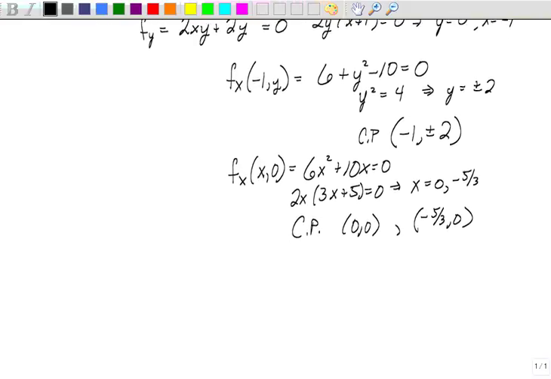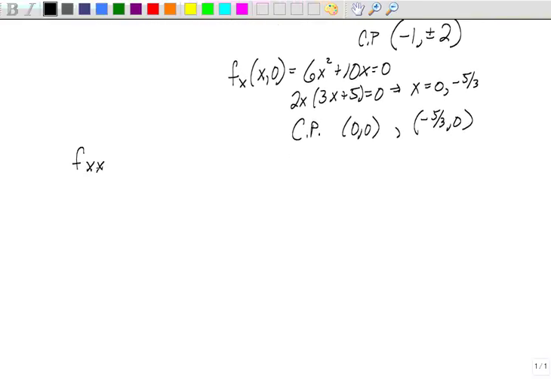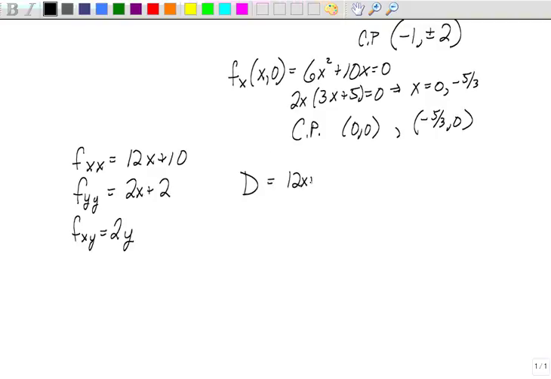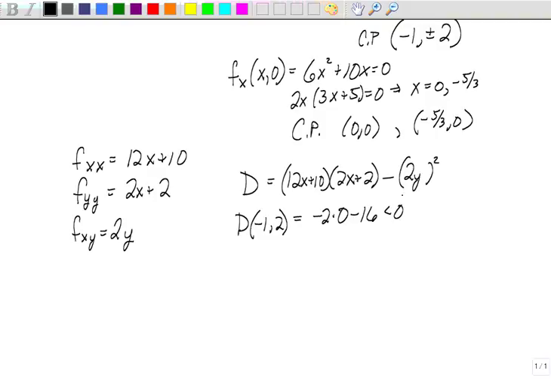Okay, then find out what capital D is. We do f of xx. Okay, then we plug all the points into D. And that's less than 0.